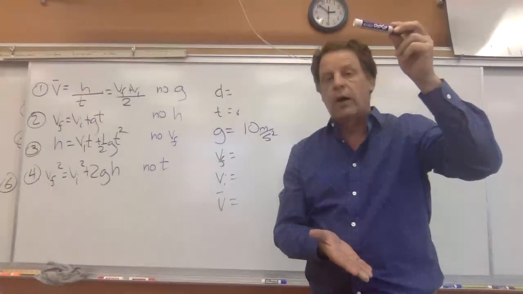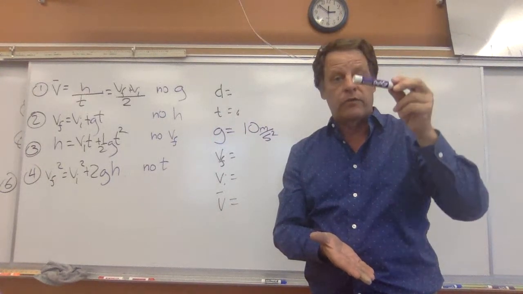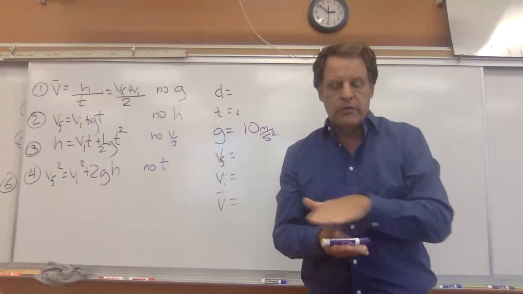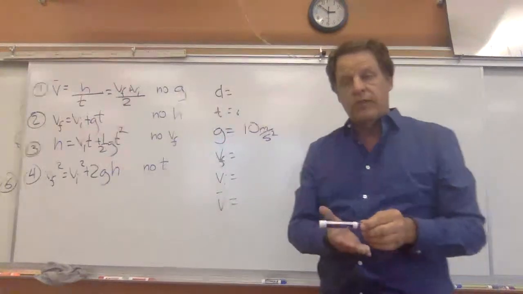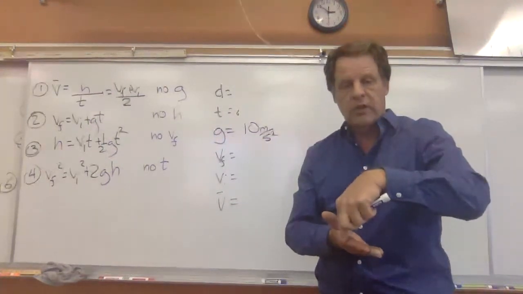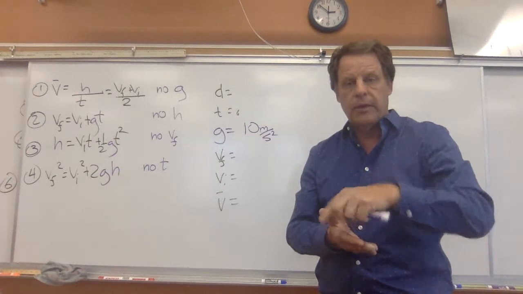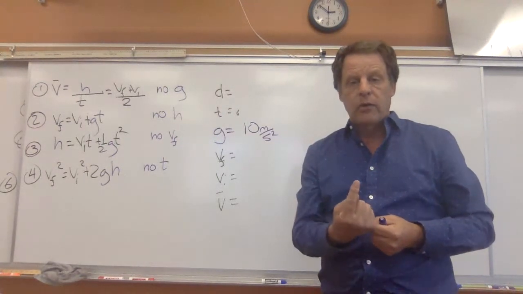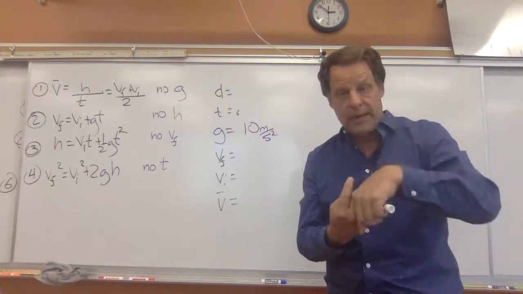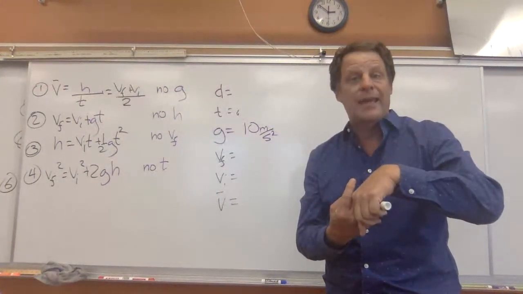Now gravity is making it go faster and faster. So when it comes down and reaches the same level, it's going to have the same speed, which is 10, except the direction is going to be negative. So its velocity would be negative 10. If it starts out as positive 10 and then comes back down to the same level, it's going to be negative 10.